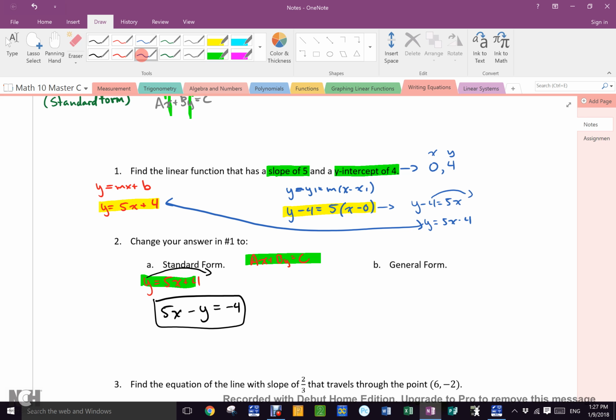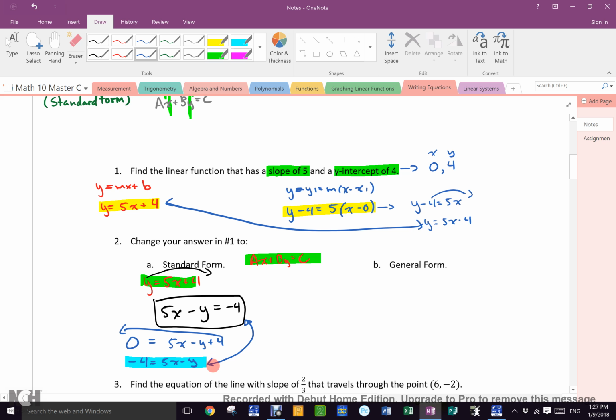Sometimes, you guys, if I had moved the y over here, I would have had 5x minus y plus 4, and I left a 0 here. Then I move the 4 back over here, and I get negative 4 equals 5x minus y. Some of you will tell me that that is different than that.